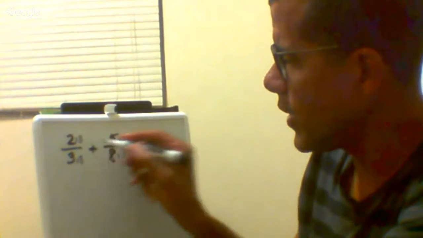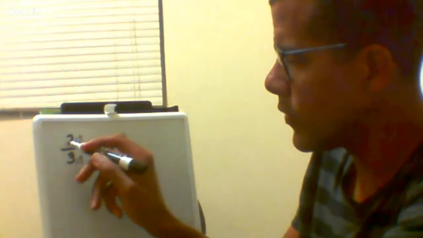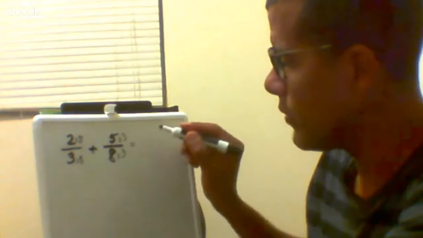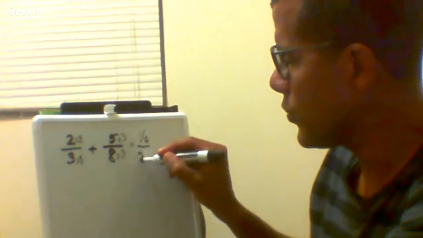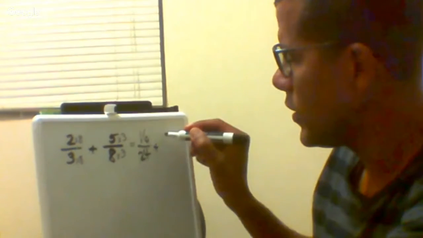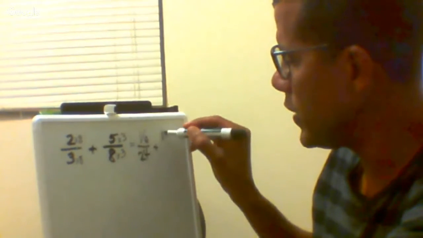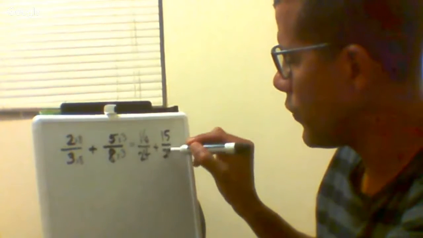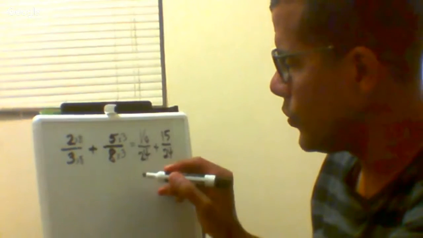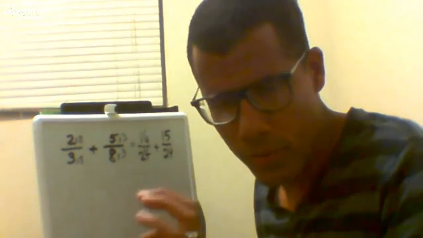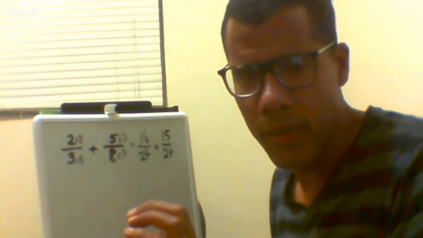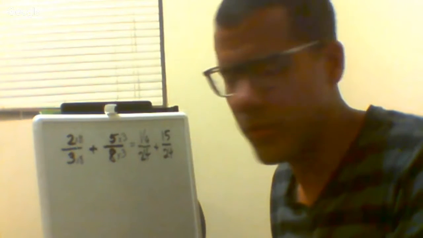So what you end up getting is, let's calculate this product. 2 times 8 is 16. 16 over 24 plus 5 times 3 is 15. 15 over 24. And now comes really the number one problem or error that students make.